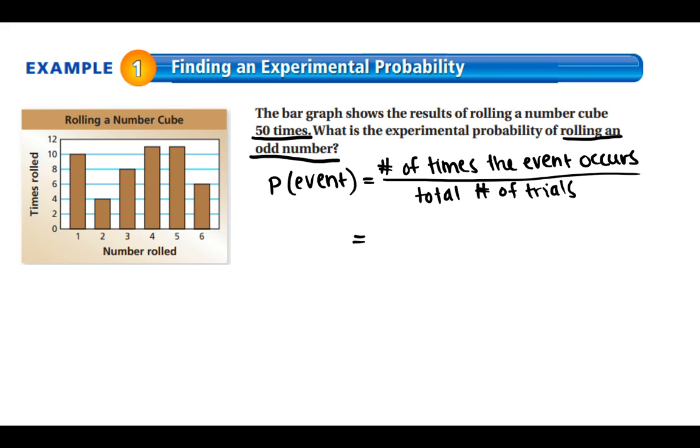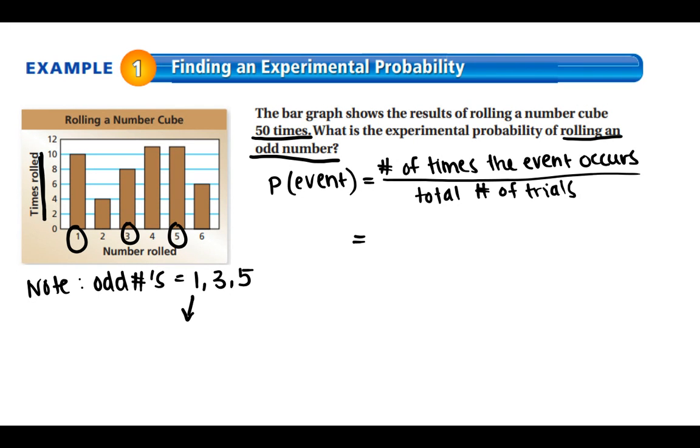So the first thing we want to note is that odd numbers are 1, 3, and 5. Now we need to read the graph, because it's asking what are the odds of rolling an odd number. On the graph, times rolled is here and the number rolled is here. So we want to look at 1, 3, and 5.